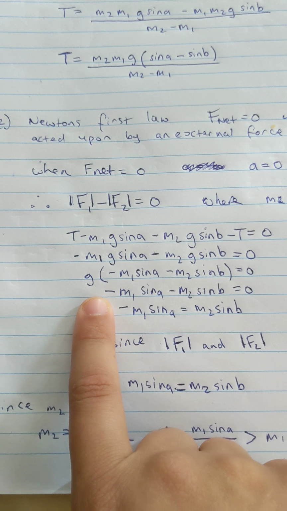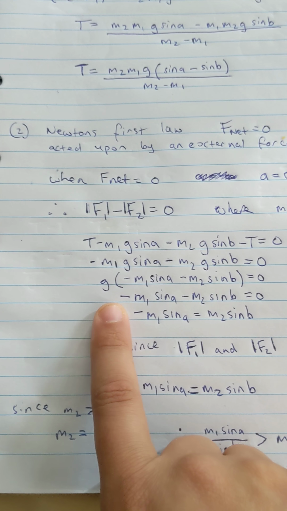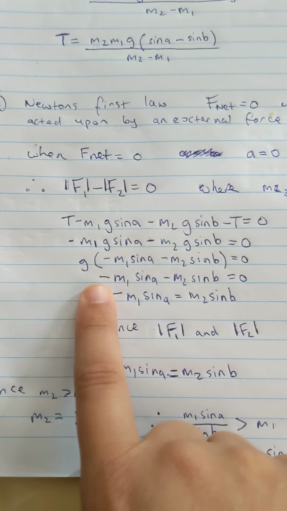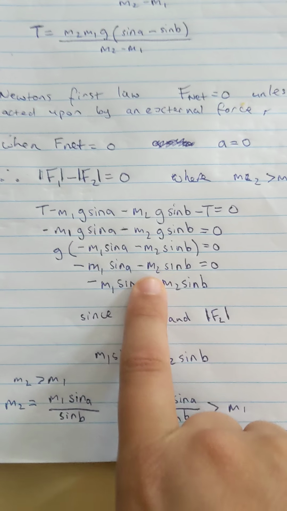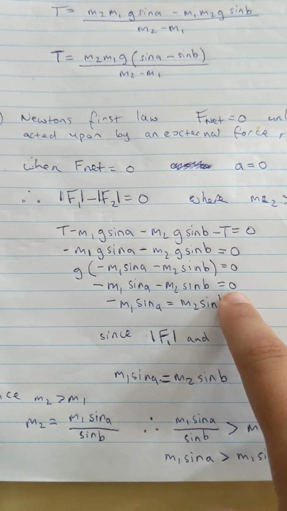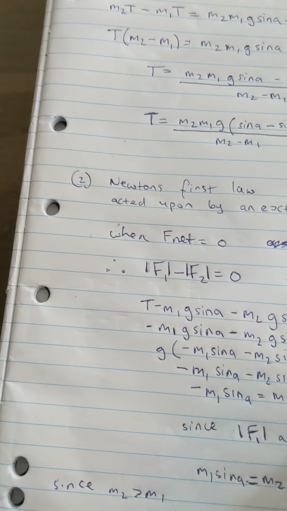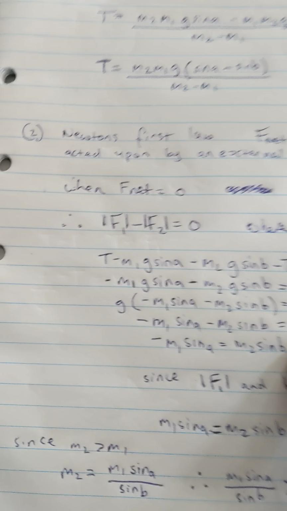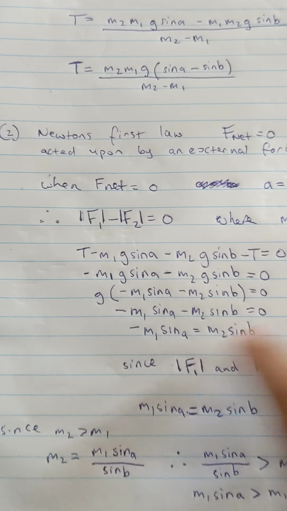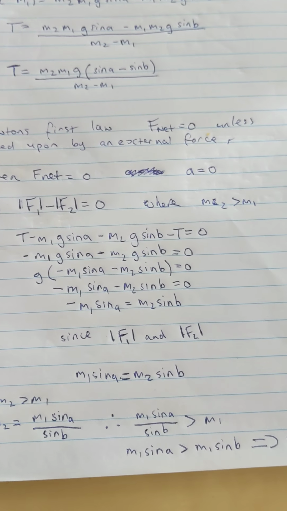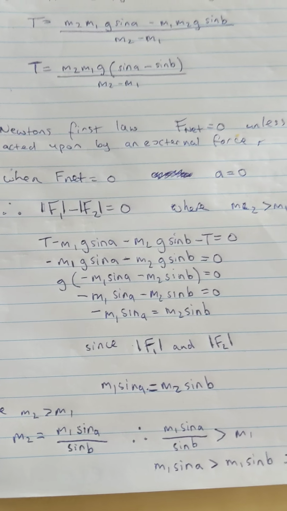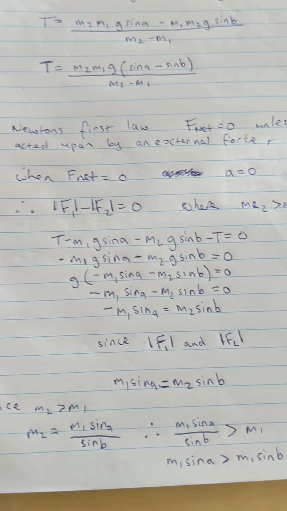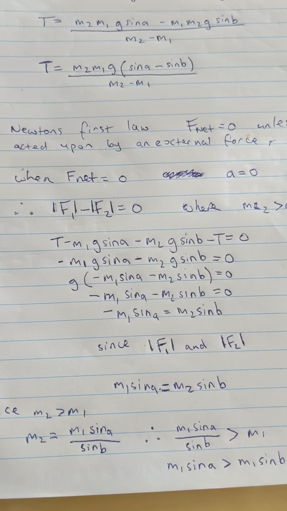What we're left with is negative mass 1 sine alpha minus mass 2 sine beta equals 0. I add mass 2 sine beta across, so negative mass 1 sine alpha has to equal mass 2 sine beta.